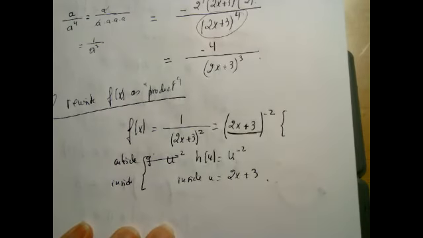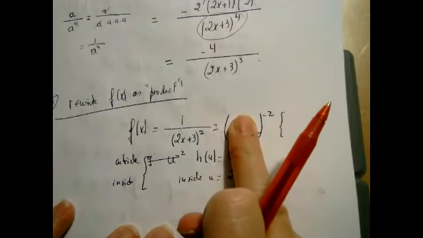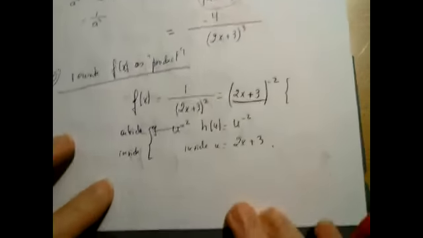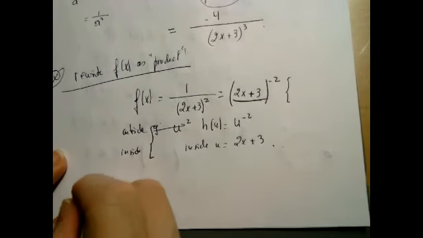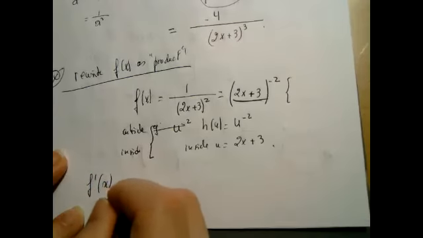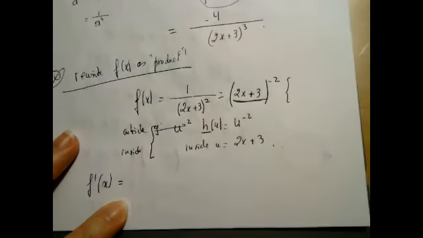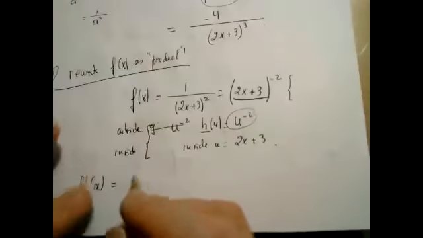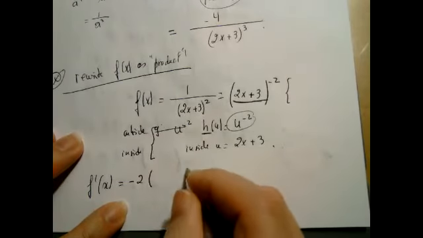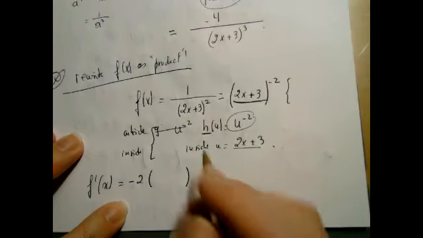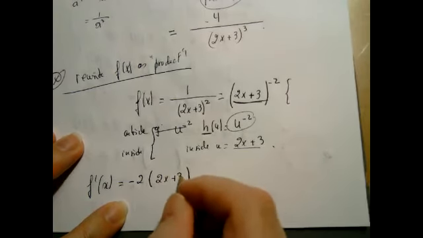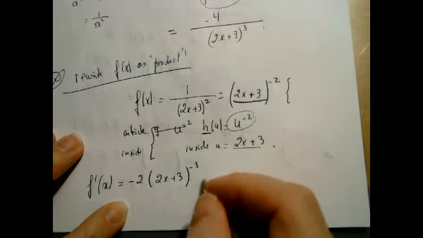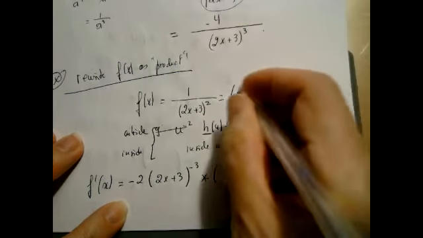Okay, so now this is mine. The outside is the operation of taking an expression to the minus 2. The inside is the expression here. And now finally, I need to find the f prime. So what is the f prime? It's the derivative of the outside. We can do it quickly. It's minus 2 times the u, which is 2x plus 3, to the power minus 2 minus 1, which is minus 3, times the derivative of 2x plus 3.